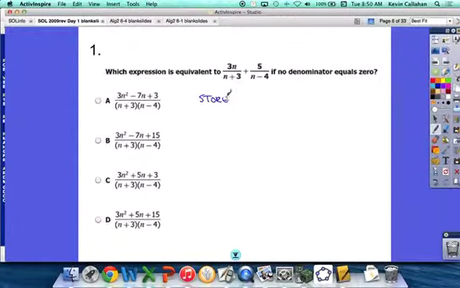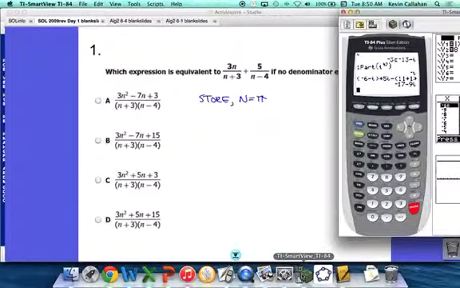Store n equals pi, right? And how do you do that in the calculator? How do I make the calculator think that n equals pi?